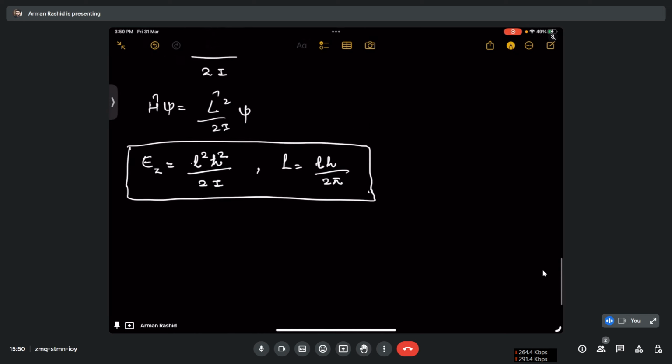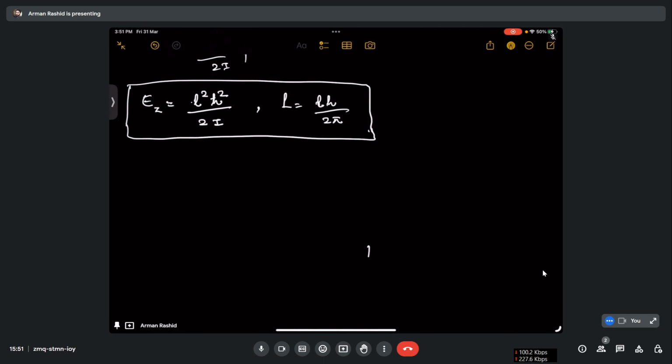Now if we make an energy level diagram of this, we'll see that when L is 0, the energy will be 0, so we have a single state. Then L is equal to plus or minus 1, and the energy will be ħ squared by 2I, because 1 squared is 1, but there are two states, so it is degenerate.